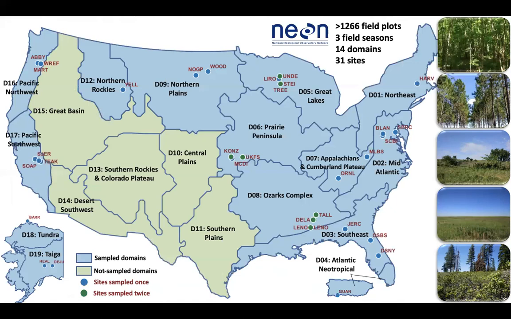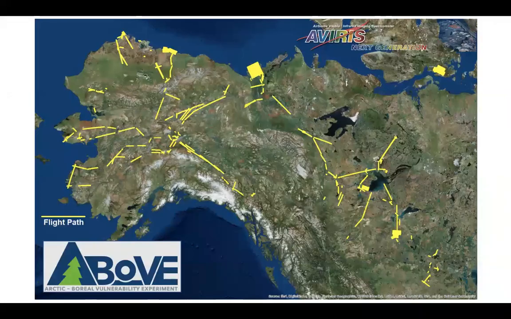We're using the data across all of the US as our basis to try to map foliar traits everywhere. And we want to build algorithms that would work on hyperspectral data collected everywhere, and eventually moving on to all other sorts of places. I recently got funding to work in the Arctic and Boreal.